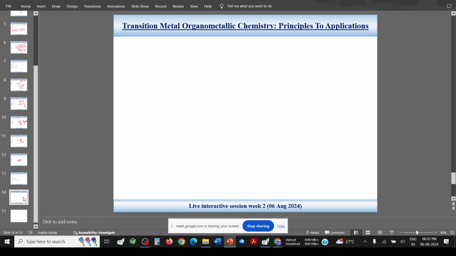Generally, for the preparation of sigma alkyl compounds, we have an alkyl group, the hybridization is sp3, that is the preparation of M-CR3 type compounds in the last lecture. So what is oxidative addition?